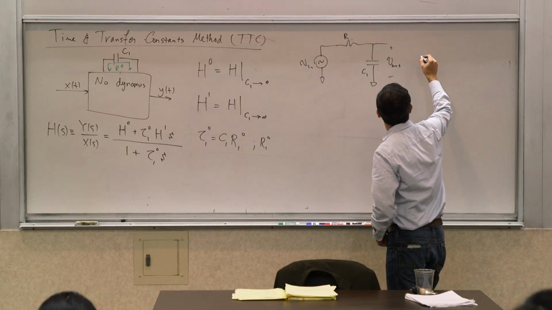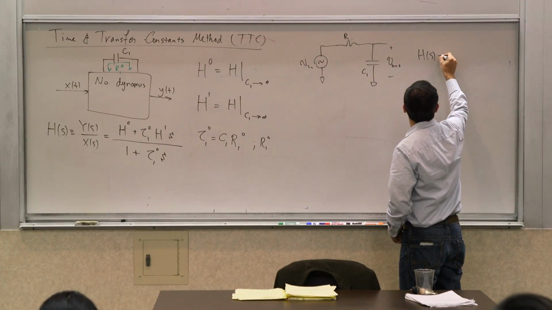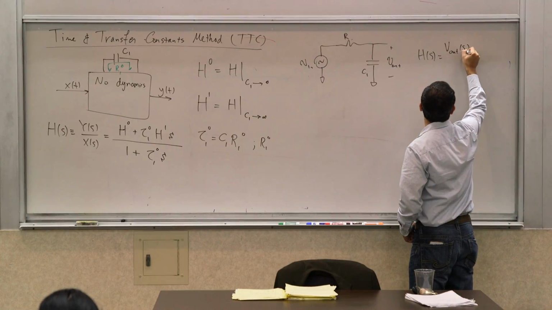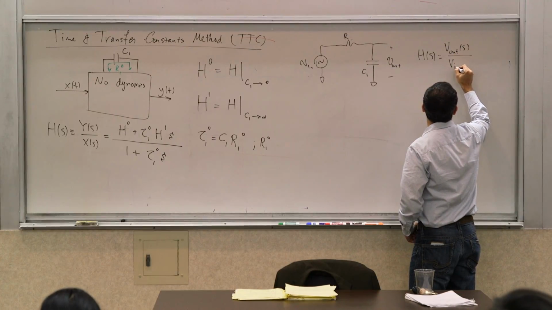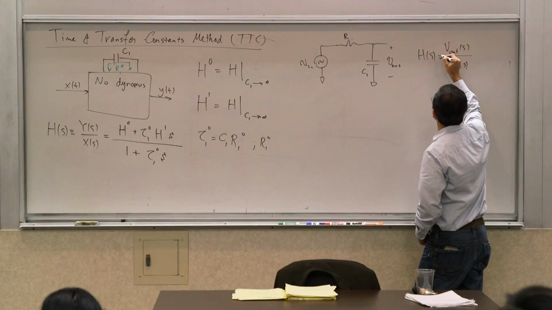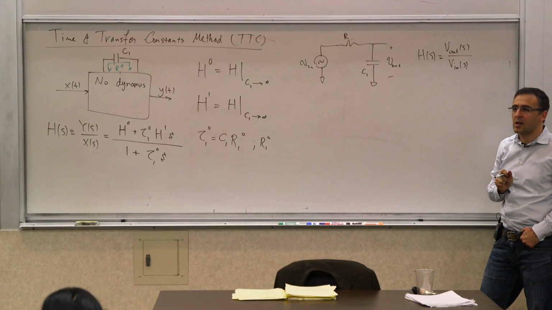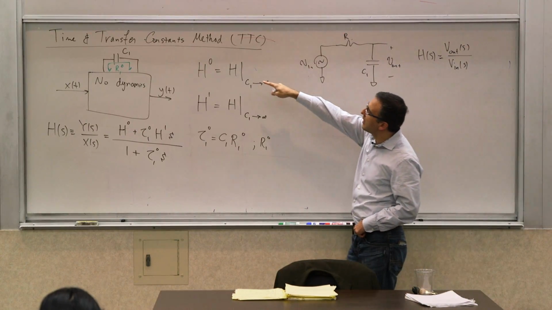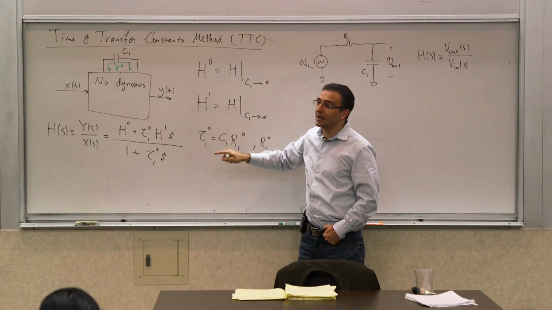I want to determine what's the H of s, in other words, V out of s divided by V in of s, the transfer function. So we need to calculate these three quantities, H0, H1, and tau 1,0.